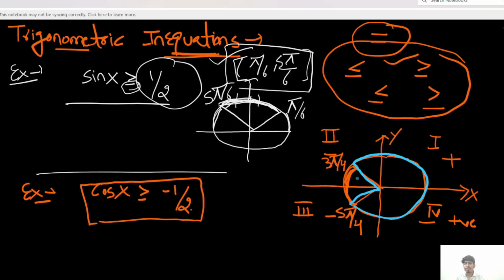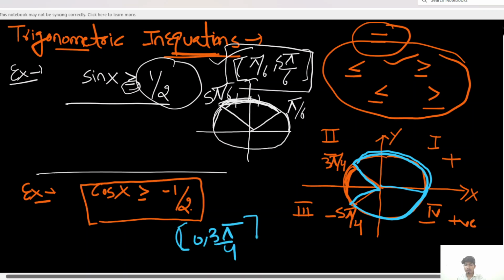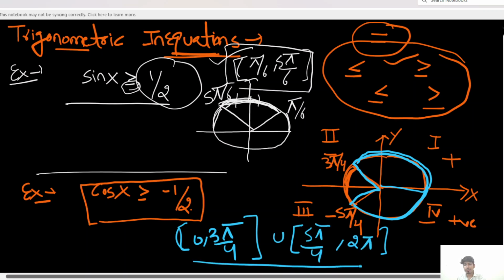Then what is the range? It is 0 to 3 pi upon 4 union 5 pi upon 4 to 2 pi. This is the solution of this question.